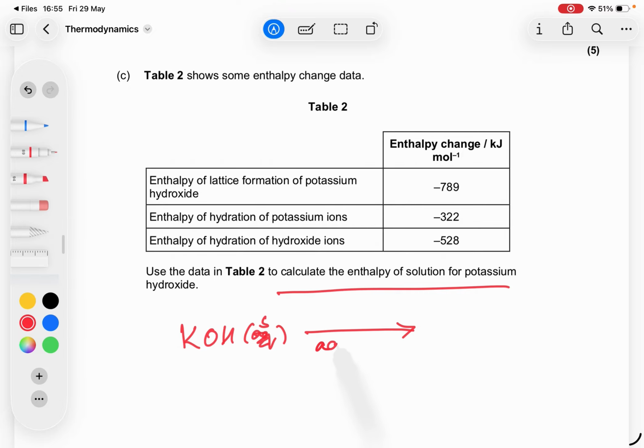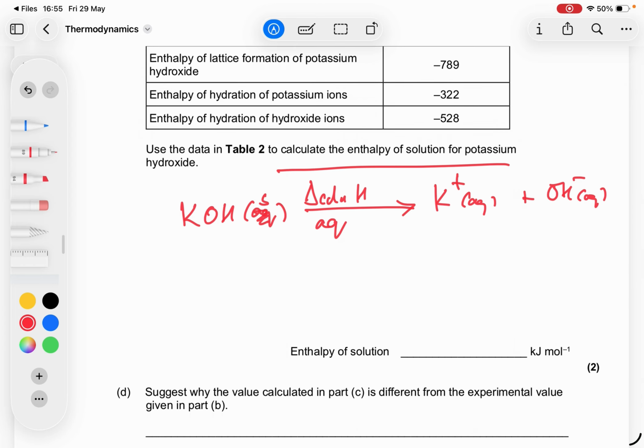It undergoes dissolving. That there is your enthalpy of solution, potassium aqueous and hydroxide aqueous. Enthalpy of solution depends on two things, lattice enthalpy and enthalpy of hydration. So enthalpy of solution is a balance between lattice enthalpy and enthalpy of hydration.